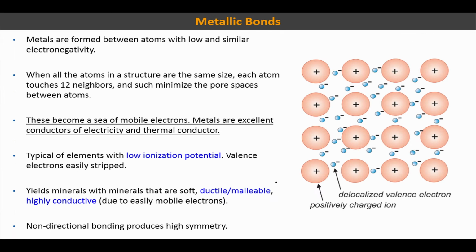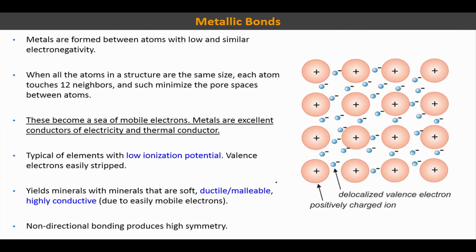And if you see the metallic bond, metallic bonds are formed between atoms which have very low electronegativity, but the same electronegativity, mostly in metals. In a covalent bond, the electrons make a cluster and are present at one particular position.